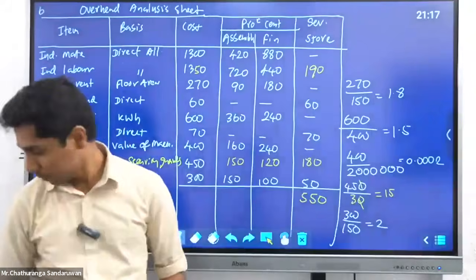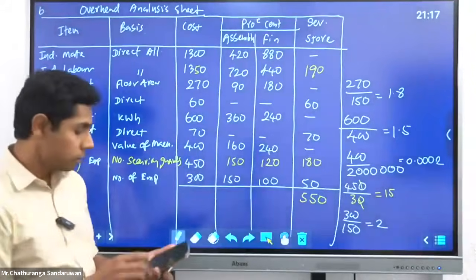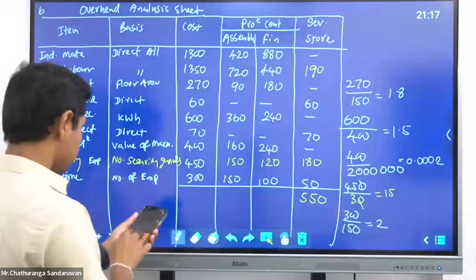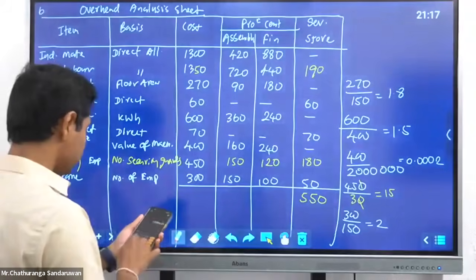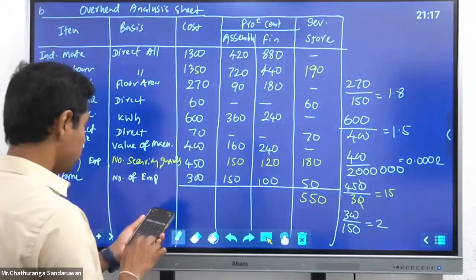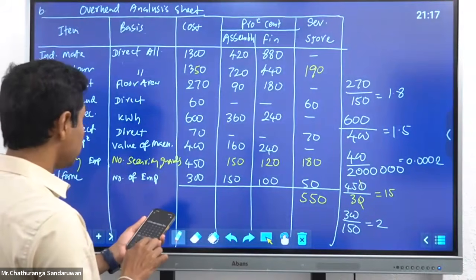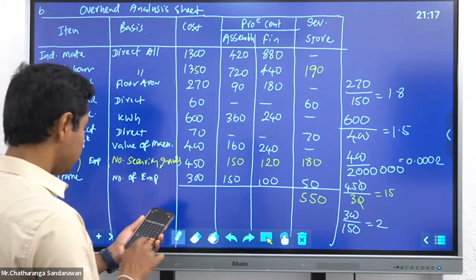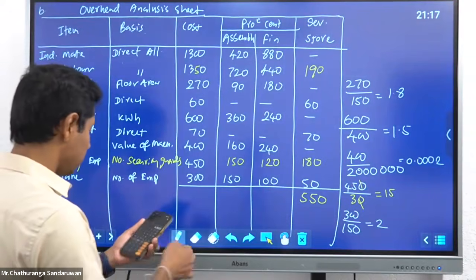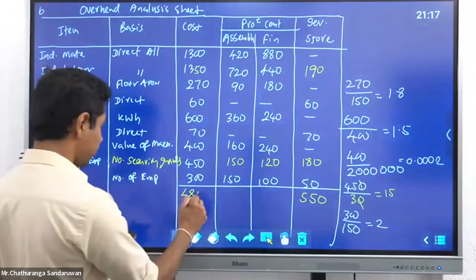All right. Then other totals: 1300, 1350, 270, 60, 600, 70, say 850, 300. I get 4800.